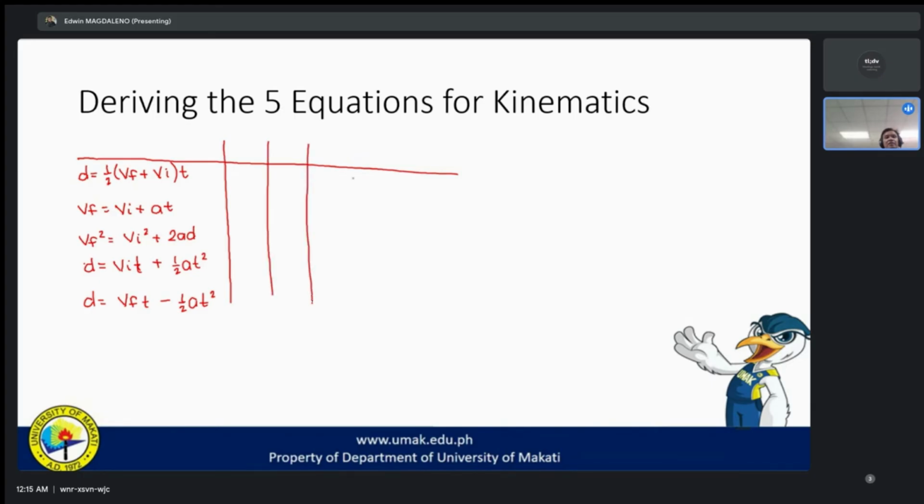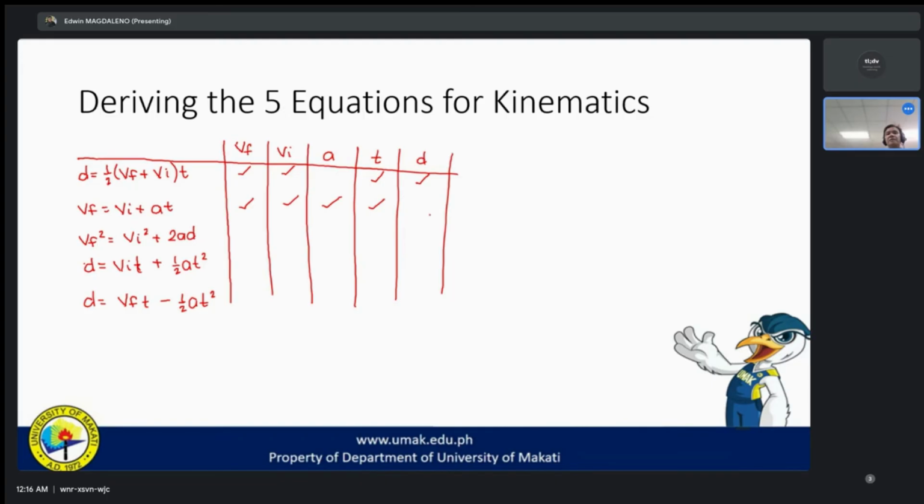Let's try to put this in a table. We have here final velocity, initial velocity, acceleration, time, displacement. So let's see what are the variables present in each equation. In equation 1, we have final velocity, initial velocity, time, and displacement. So we don't have acceleration. In equation number 2, we have final velocity, initial velocity, acceleration, and time.